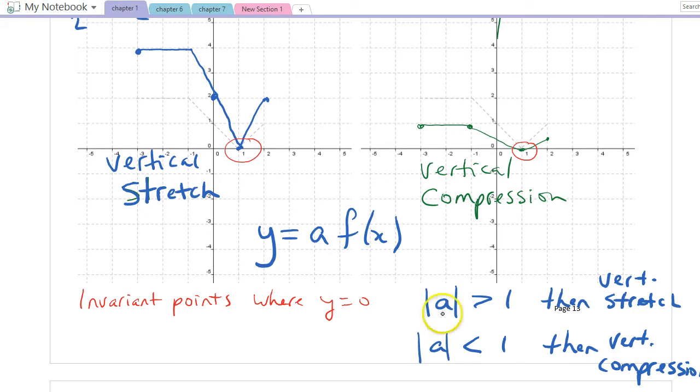We'll do more about that later, but for right now, let's limit our discussion to when a is positive, and then later on, if a is negative, we can still use this same rule. So whatever number is out in front, that's going to be multiplying the y values, and if you're multiplying by something greater than 1, you're going to cause a vertical stretch. If you're multiplying by something smaller than 1, then clearly the y values are getting smaller, and you get that vertical compression. You know what? I'll pause and make this another video for your next one.